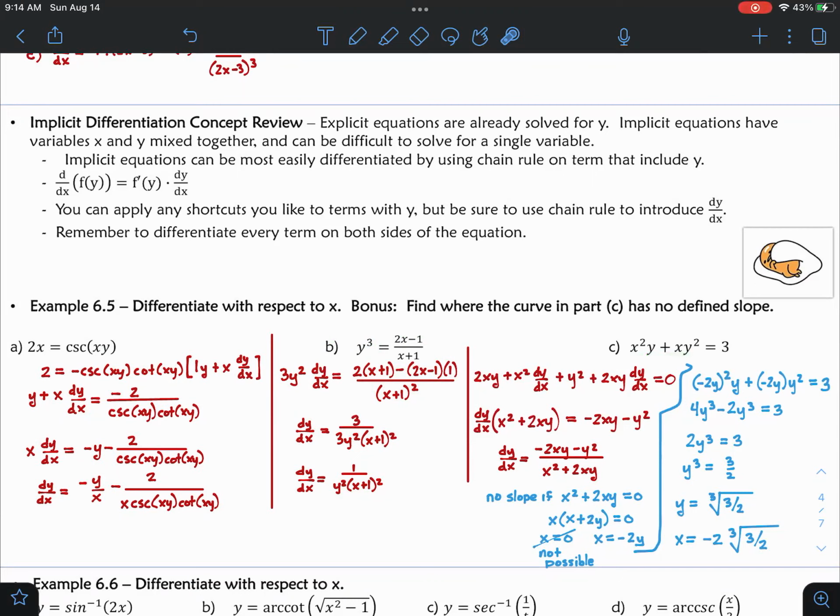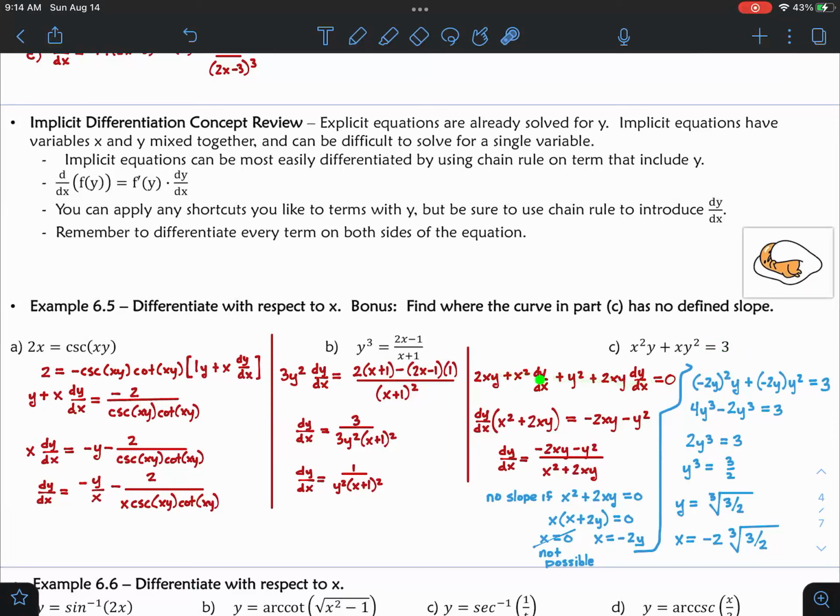Part C, I've got two instances of product rule in addition to the implicit differentiation. Derivative of x squared is 2x multiplied by the y, plus x squared times the derivative of y, which is dy/dx. Similarly for the next grouping. What's interesting here is the right side was a constant, so its derivative goes to 0.